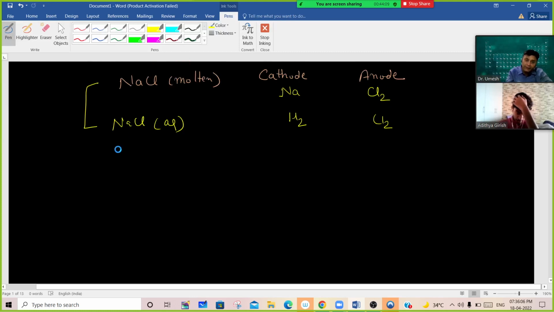Similarly, I have here cupric chloride, CuCl2, aqueous solution. Now, can you tell me what will be formed at cathode and what will be formed at anode?